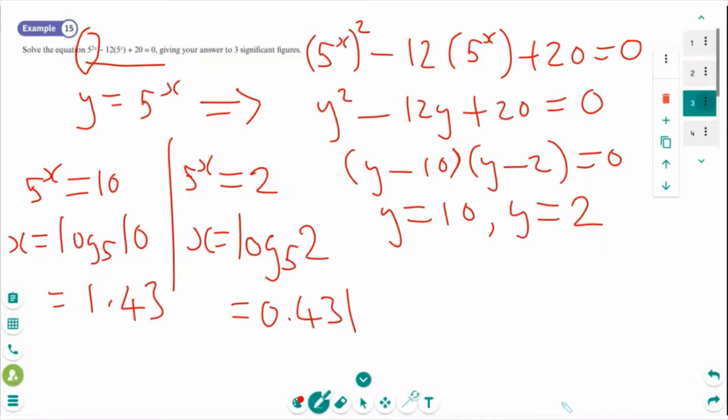Okay, there's one more before the exercise. This is a tricky one. There are two ways you can do this. I'll show you the book way, then I'll show you another way. You've got different bases, so you can't solve it directly. What they do in the book is apply logs on both sides.